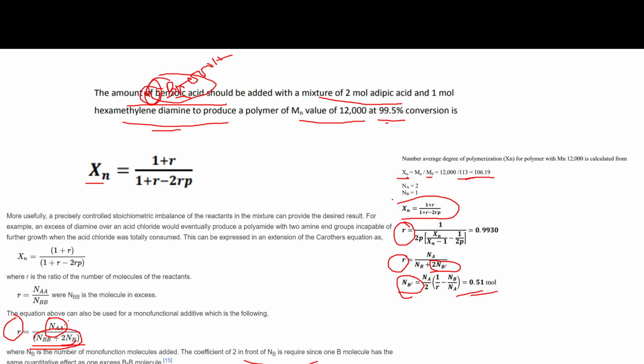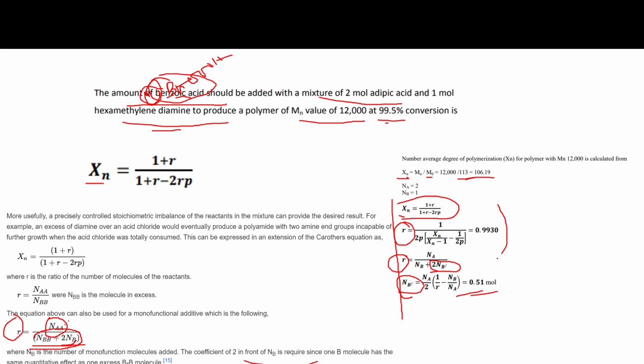Here you only need to know the equation between the degree of polymerization and the reactivity ratio, and the relation between the reactivity ratio and the moles of your two monomers and the monofunctional impurity.